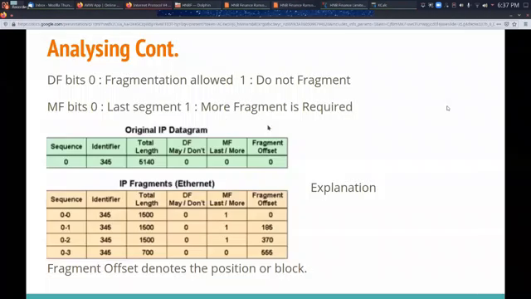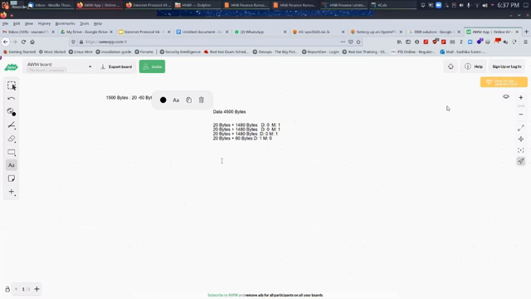So I'll take this particular example here because we need to get the idea of the fragmentation offset. In layman's terms, the fragmentation offset is a type of demarc point. You should give exactly where you are breaking your chunking of your data packet.